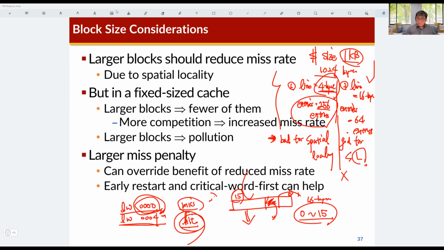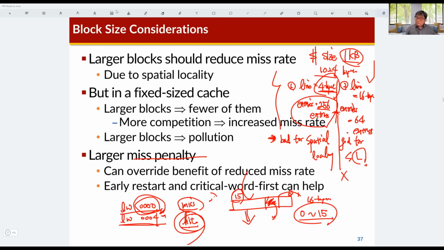If the data size is large, it will take longer to transfer data from the low level memory or low level cache. Miss penalty means the required cycles to handle a miss. So if the cache line size is large, then this cache will have a large miss penalty. That's the disadvantage. Okay. Also, let's focus on the number of entries.